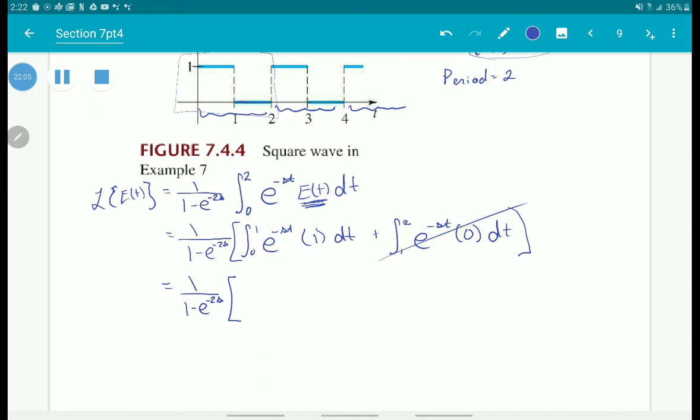To integrate this guy, we have to do a u substitution. So we would need a negative s here. We would compensate with a negative 1 over s out here. So we have a negative 1 over s, and this would be e to the negative st, and we're going from 0 to 1.